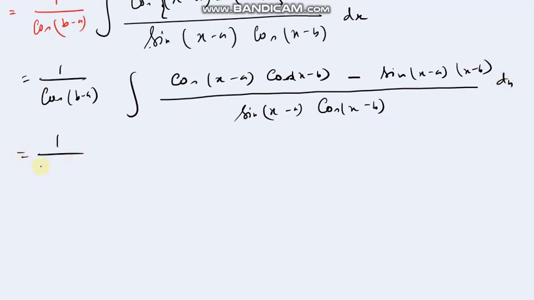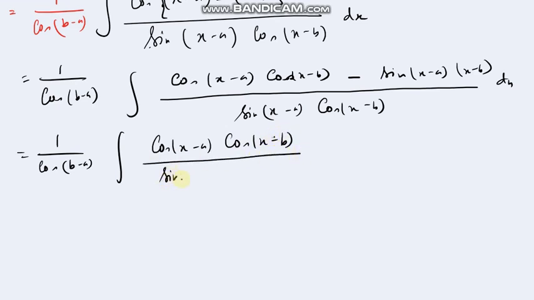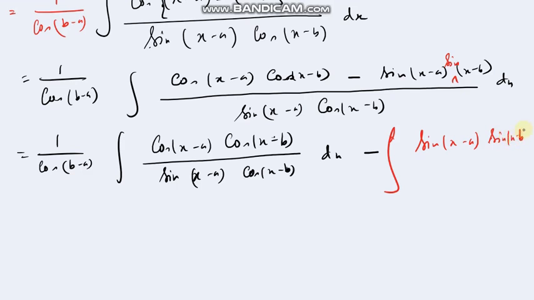So next, if I separate these two terms, cos of (b minus a) times the integration of cos of (x minus a) cos of (x minus b) divided by sine of (x minus a) cos of (x minus b) dx, minus sine of (x minus a) and sine of (x minus b), I just missed out the sine over here, sine of (x minus b) divided by sine of (x minus a) into cos of (x minus b) dx, right?